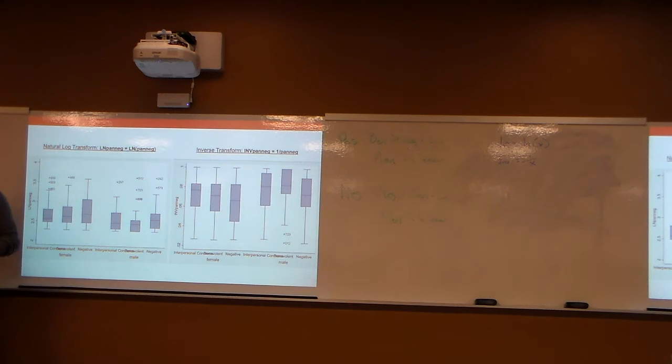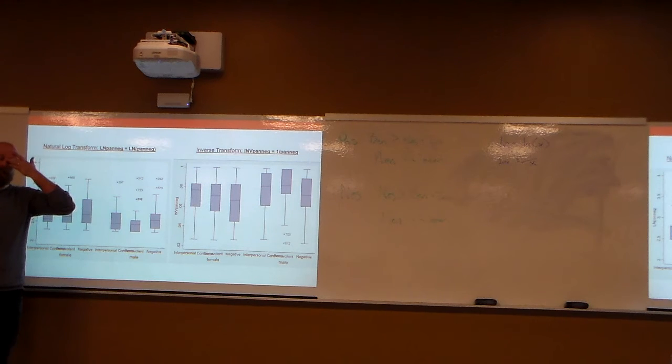A lot of times, if I run my transformed data and then my untransformed data, and it doesn't make any practical impact on my interpretations, the effects that pop up are the same whether they're transformed or not, I'd probably make an argument, well then just run your non-transformed data.